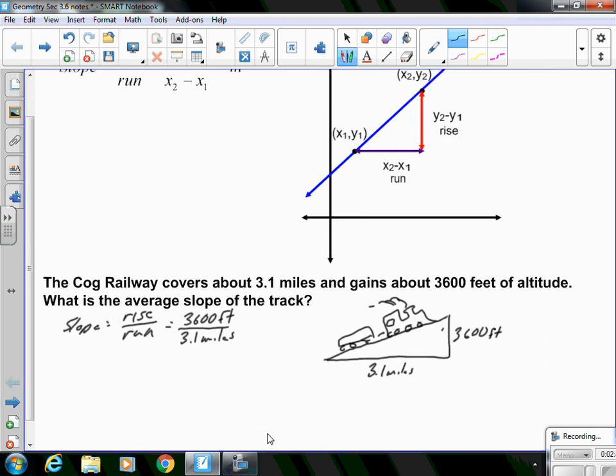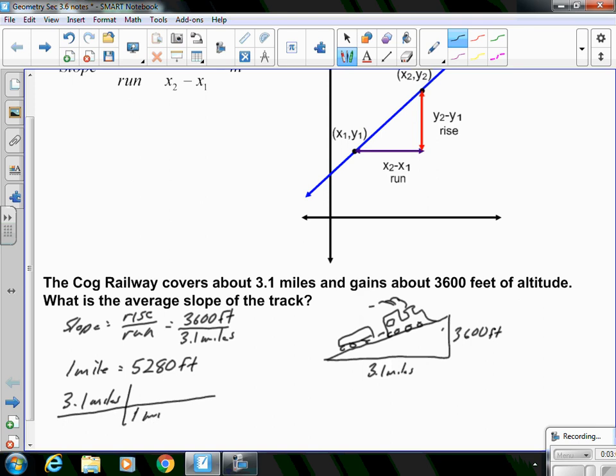Does anybody know the conversion? 1 mile equals, nobody? 5,280 feet. And so we're going to convert the 3.1 miles to feet.